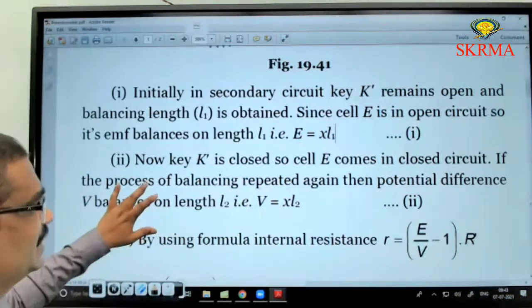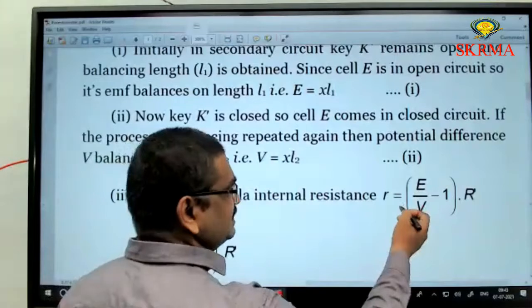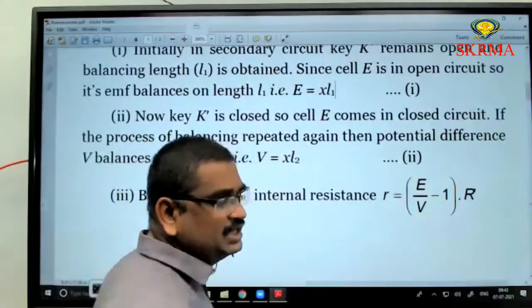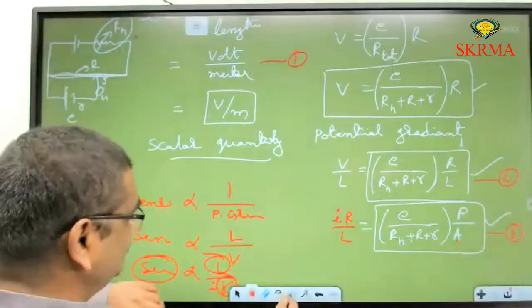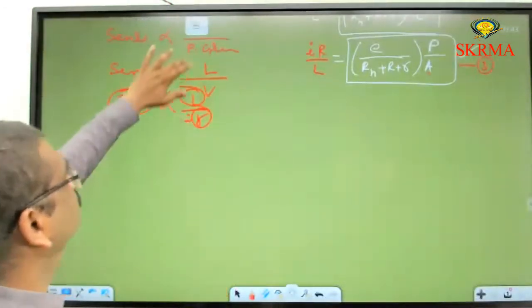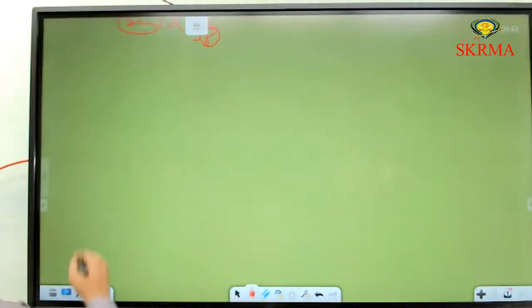If you want to calculate internal resistance, the formula is r equal to (E by V minus 1) into capital R. So how are you going to solve for the internal resistance of a cell?